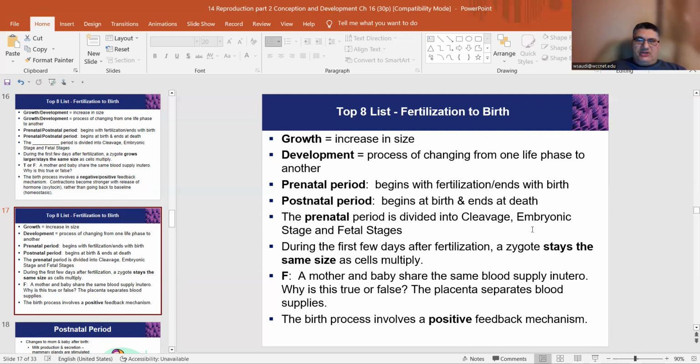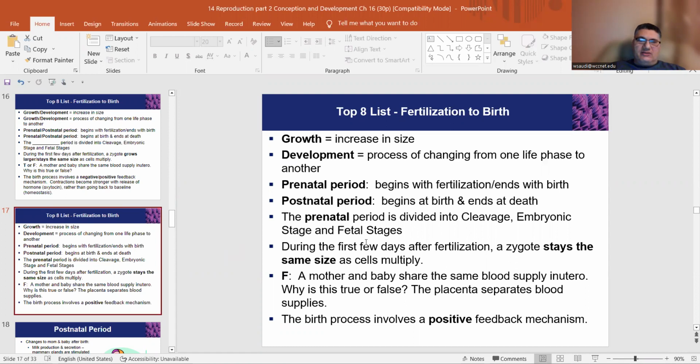Prenatal is cleavage, embryo, and fetus. I told you that. Cleavage is the first part, the first couple of days. And then it will become an embryo after attachment of the morula to the endometrium and starts to make the placenta and the umbilical cord until week 8.